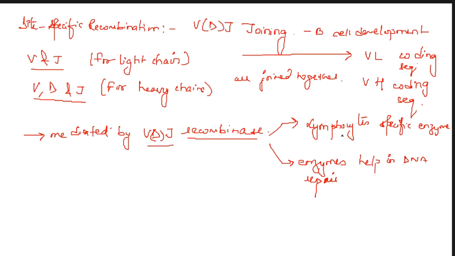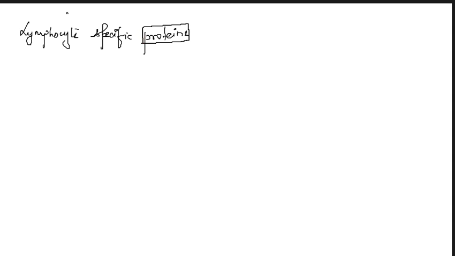Now these lymphocyte specific proteins of the VDJ recombinase are encoded by two linked genes, which are RAG1 and RAG2.